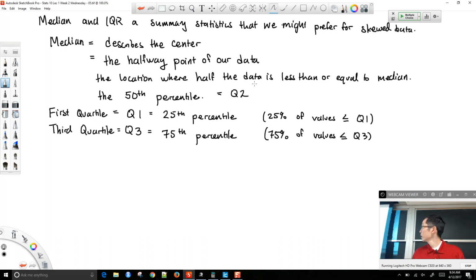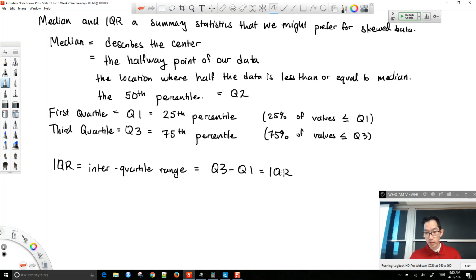Okay. And so the IQR, which stands for the interquartile range, meaning the range between quartiles, is going to be Q3 minus Q1. Okay, this is the IQR: Q3 minus Q1.